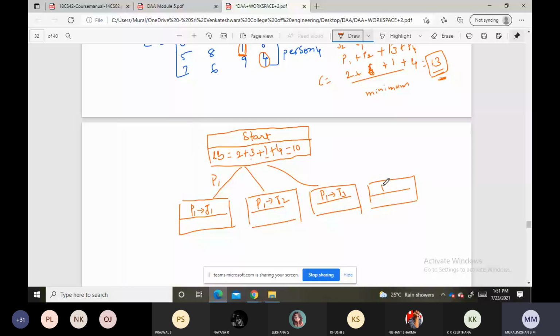Since no job is assigned to anybody, P1 has an option of 4 jobs. Now you just check.